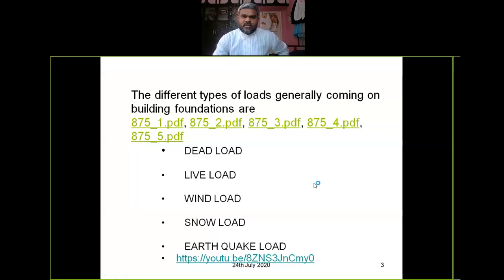So load calculation is very, very important. Our design is based only on the load calculation, whether we can go for what type of building, and even soil bearing capacity can be compared with the loads we get, right? So we'll see a small video if possible.